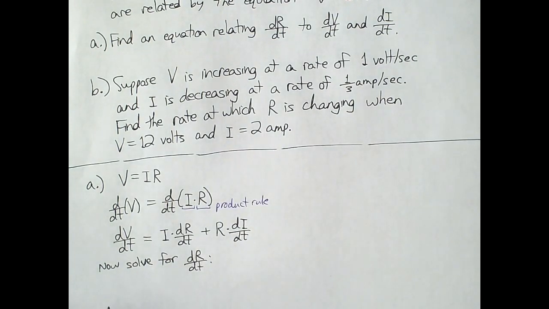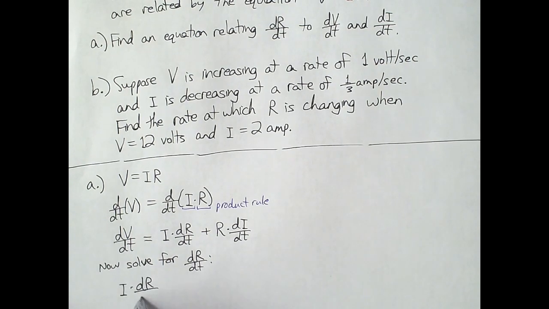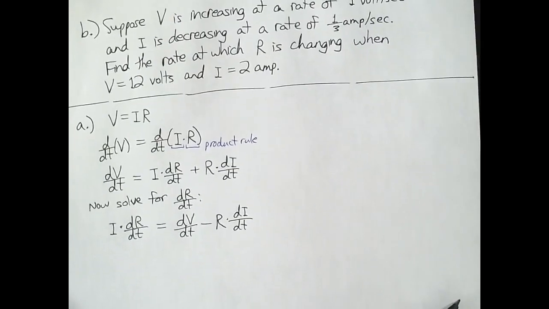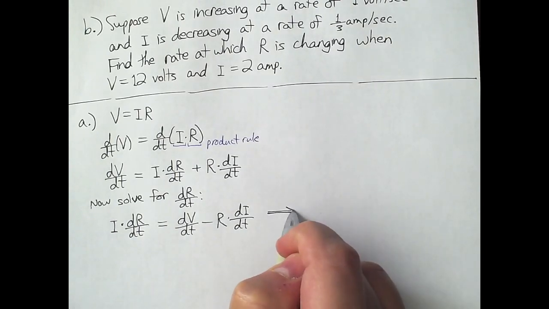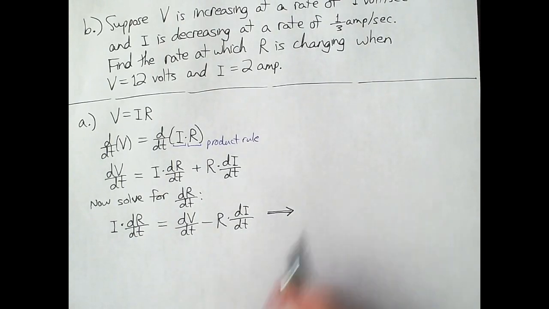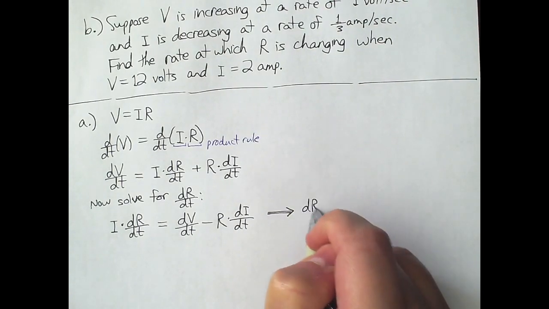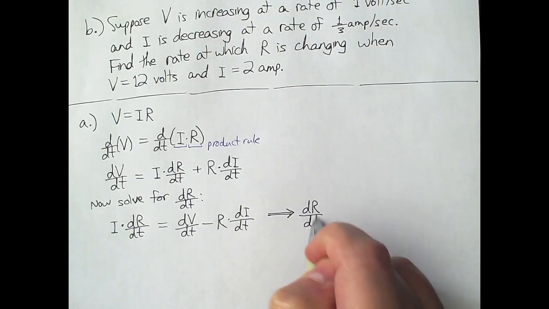So we're not doing that at all in part A. I guess I would get dR/dt onto one side of the equation and everything else onto the other. And now, should we divide everything by I? Yeah, we could do that. I think instead I'm going to multiply by 1 over I.